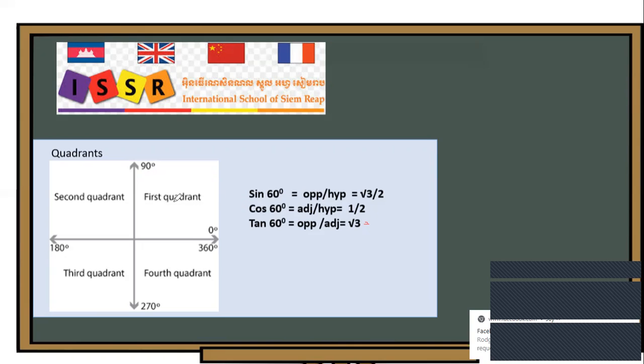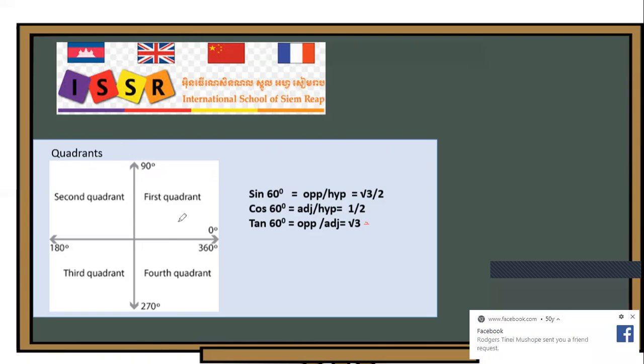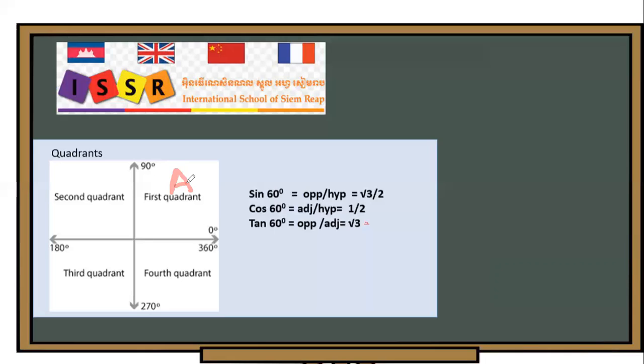Right. In mathematics, we talk of these quadrants. I know we might have done this before, and we know that here all our angles are positive. So if an angle is from 0 to 90 degrees, it means its sine, its cos, its tan are positive.